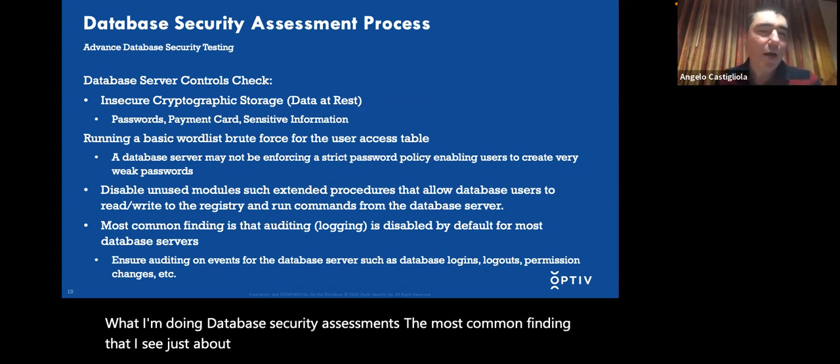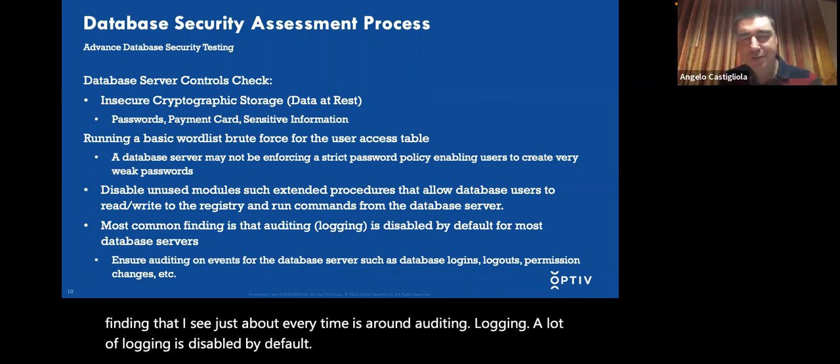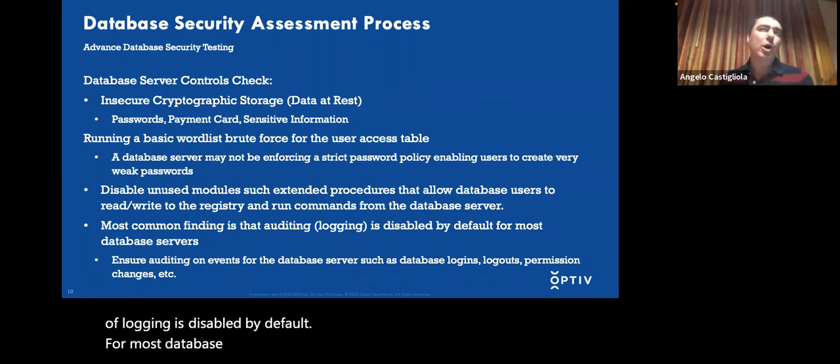And when I'm doing database security assessments, the most common finding that I see just about every time is around auditing and logging. A lot of logging is disabled by default for most database servers, so that's always one thing we call out.